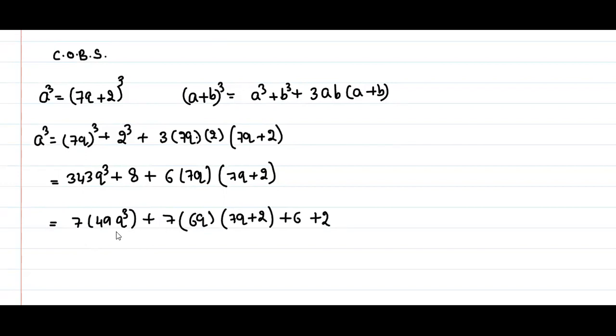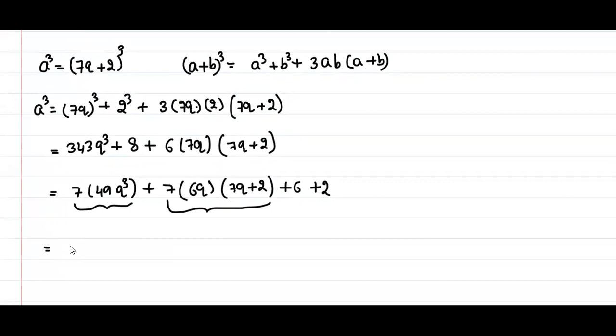Now take 7 common from this term and this term, and write it as 7 of 49q cube plus 6q into 7q plus 2, and add this 2 also here, plus 6.